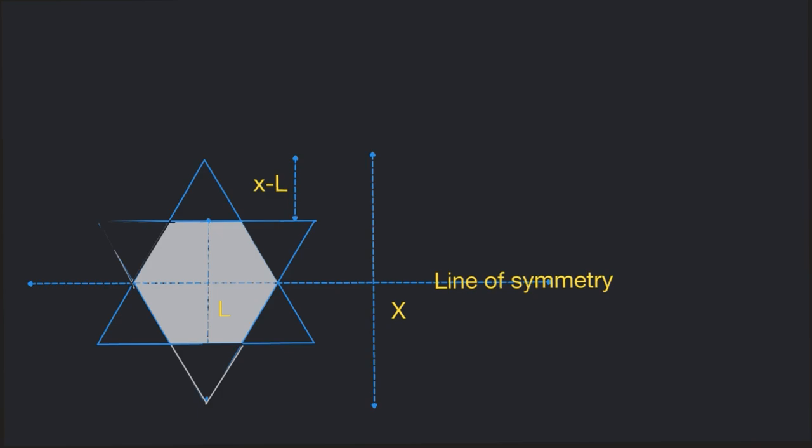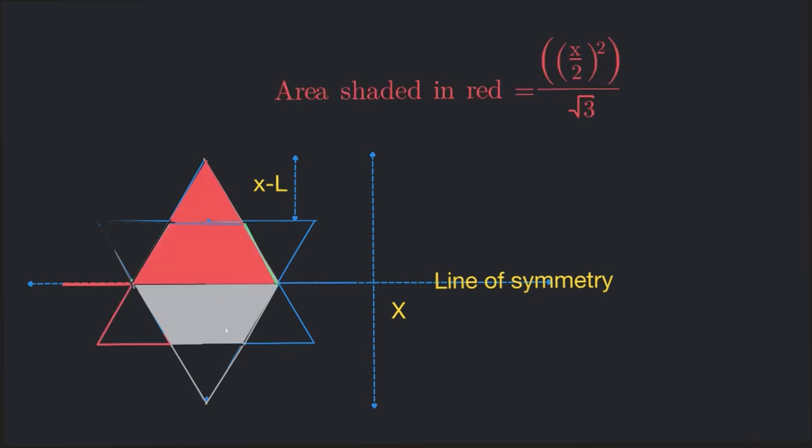That can be done by first finding the area of this total red triangle. The area shaded in red is height square by root 3, and the height is half of this total x, so it is x by 2 square by root 3. And then we have to subtract the area of this upper small triangle.